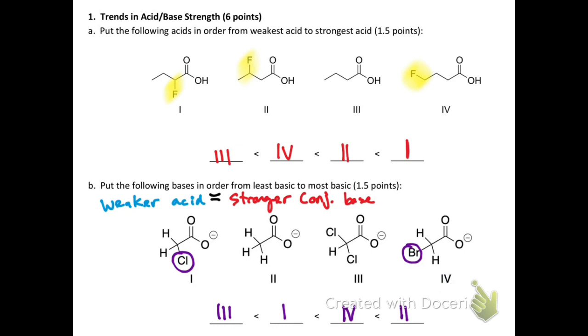Bromine is less electronegative than chlorine. So again, if we think about the conjugates, the conjugate acid of the one with the chlorine would be stronger, which makes the base here weaker than the one with the bromine. And here's our order. Again, basically just reversing the order of acid strength.